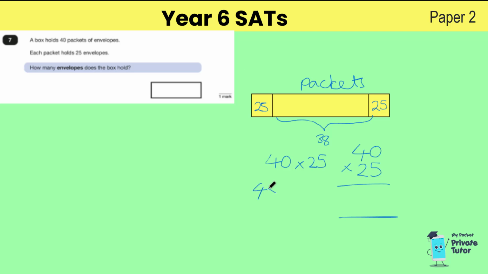So I know that 4 times 25, this is a fact that you should know. 4 25s make 100, because 25% is the same as a quarter. So we know that 25 fits into 100 4 times. So 4 lots of 25 is 100, then 40 lots of 25 is going to be 10 times bigger, it's going to be 1,000. So the box holds 1,000 envelopes altogether.